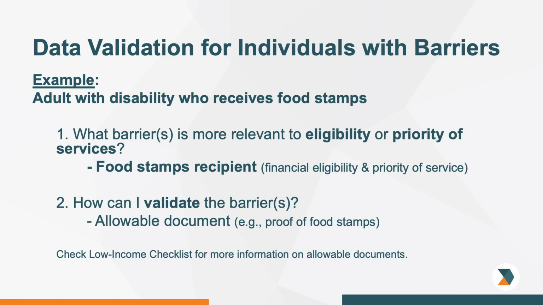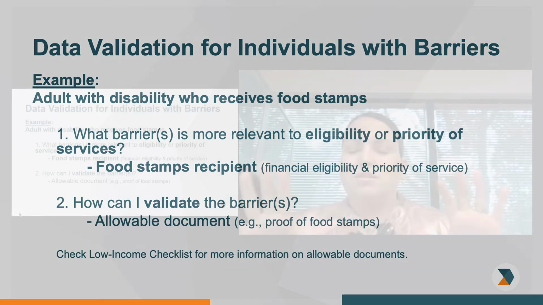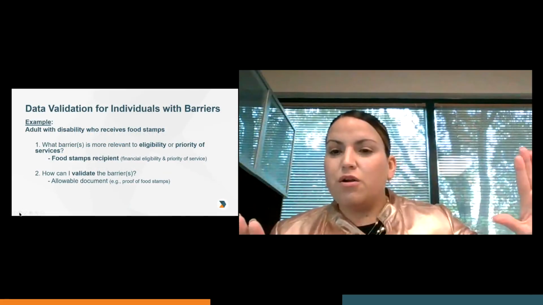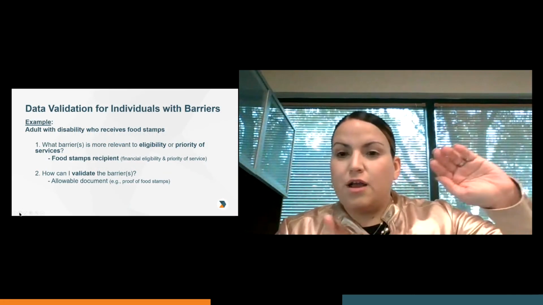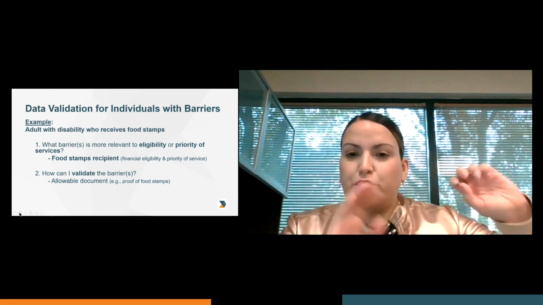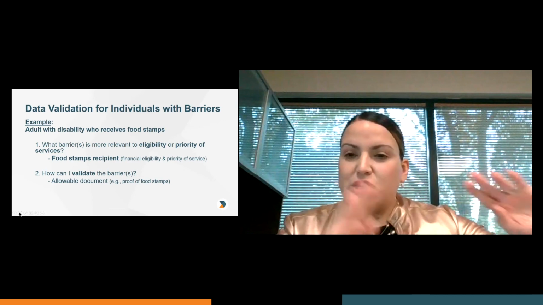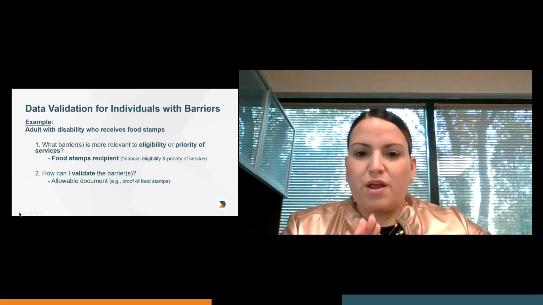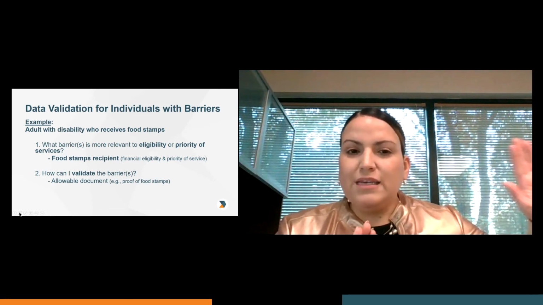Okay, so excellent answers from the chat. So for this particular example, the disability, we took care of that pretty much at intake, right? Because the person disclosed, we got that disclosure through the application, we have the signature and the date, and we don't have to worry about anything else.